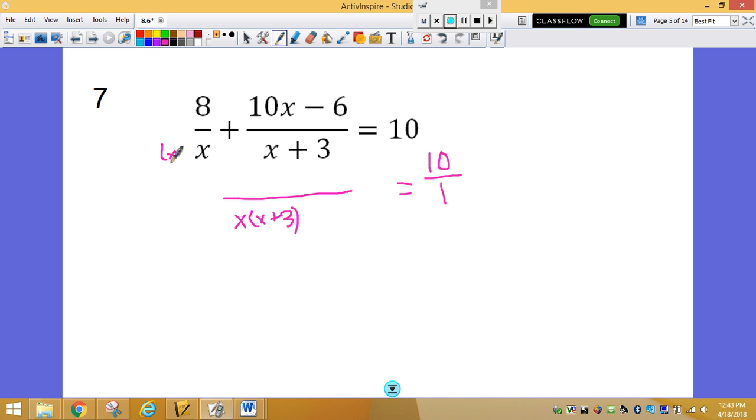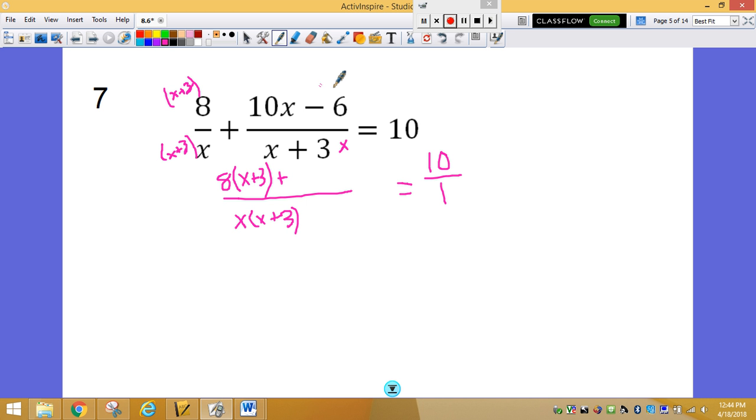I need to multiply by x plus 3. And if I do it on the bottom, I also do it on the top. So I'm going to have 8 and x plus 3. And put my plus.